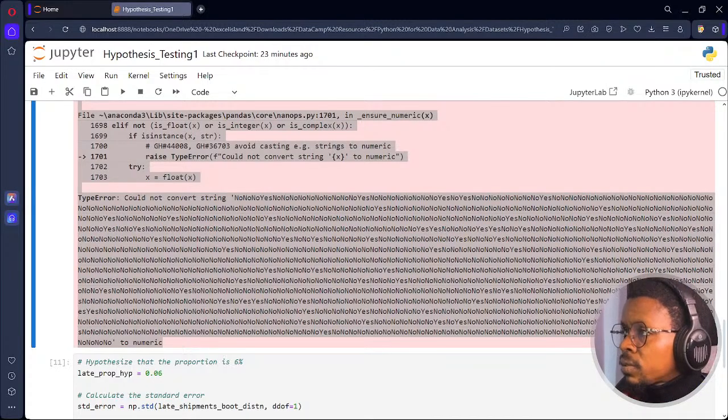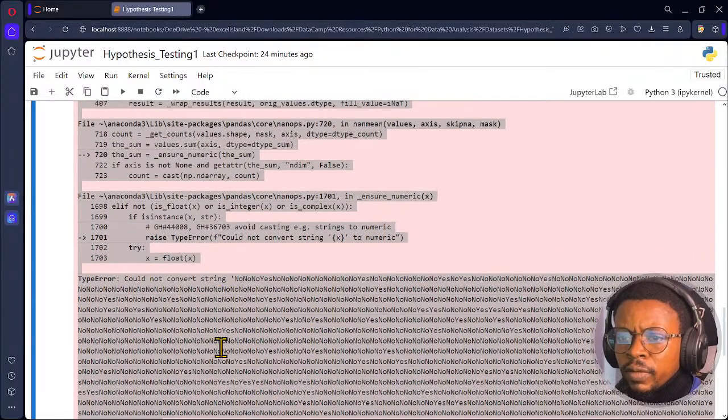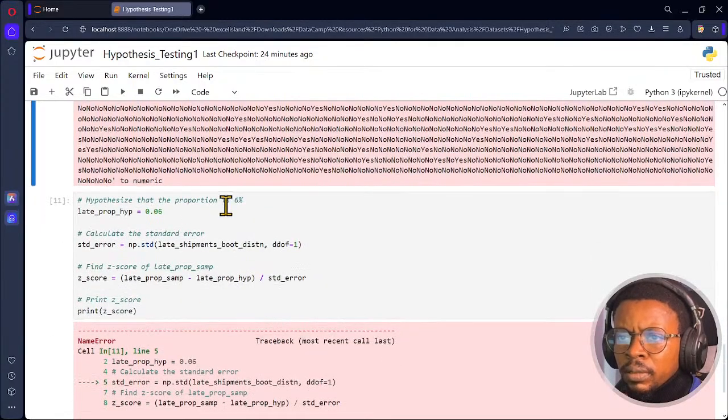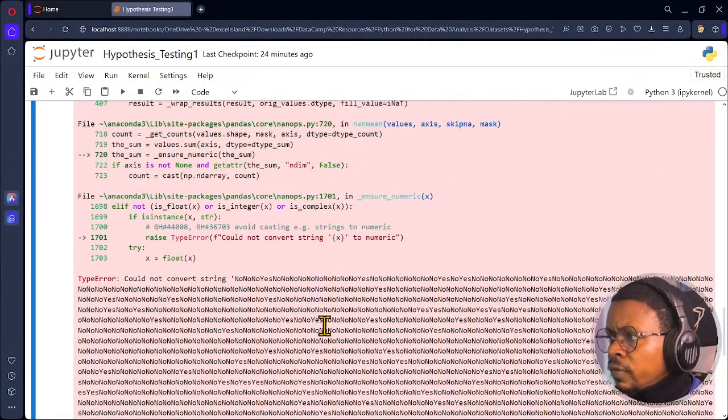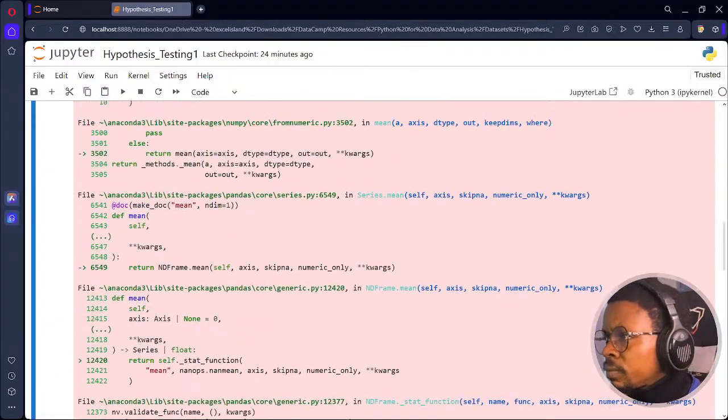Okay, since I can't use convert because these are non-numeric values, I need to convert it to a mean.